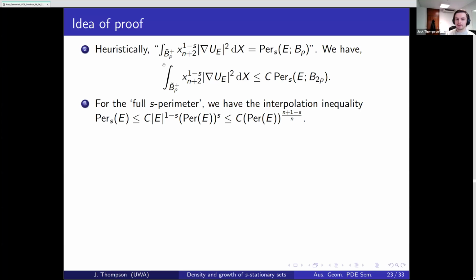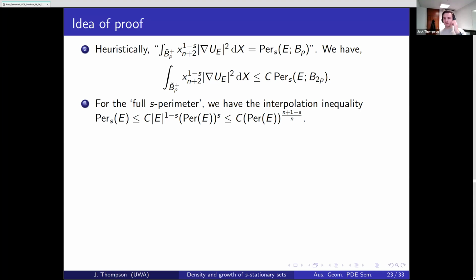Concretely, we have that this object is less than or equal to a constant times the S-perimeter of E in a slightly bigger ball. So we can connect this object to the S-perimeter.